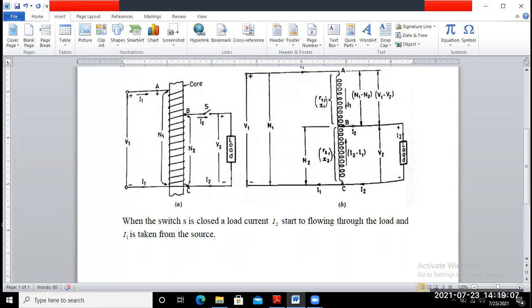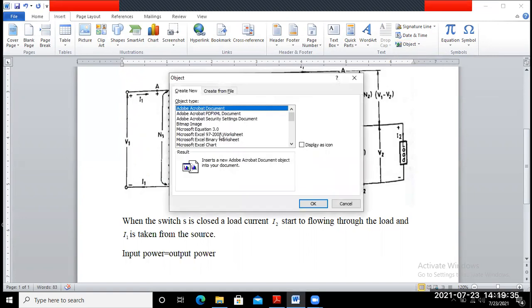So we can write here input power equals output power. That means V1 I1 cos theta 1 equals V2 I2 cos theta 2. What is input power?